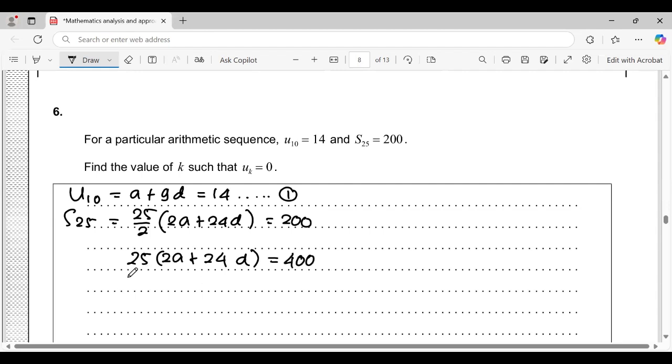We can factorize, it becomes 50 times A plus 12D equals 400. Divide both the left-hand side and right-hand side by 50, equals 8.